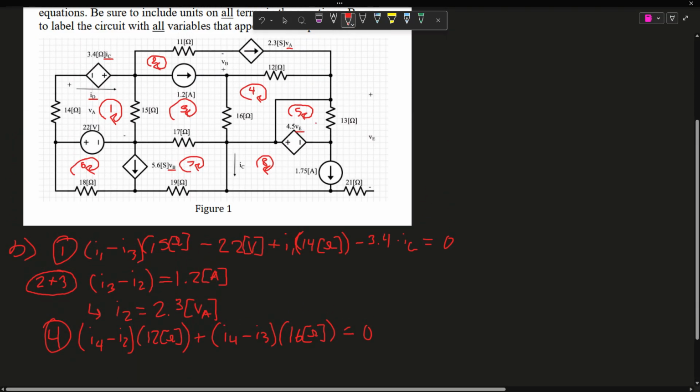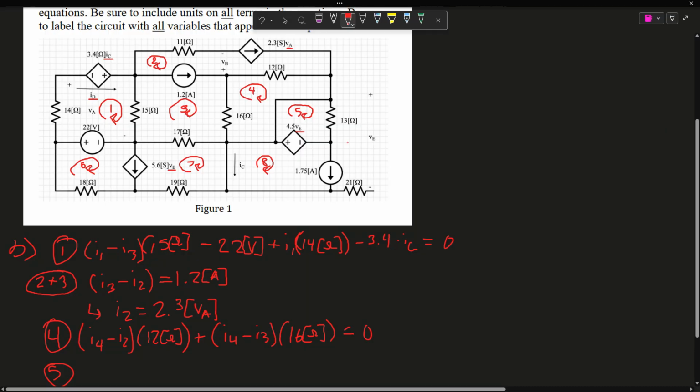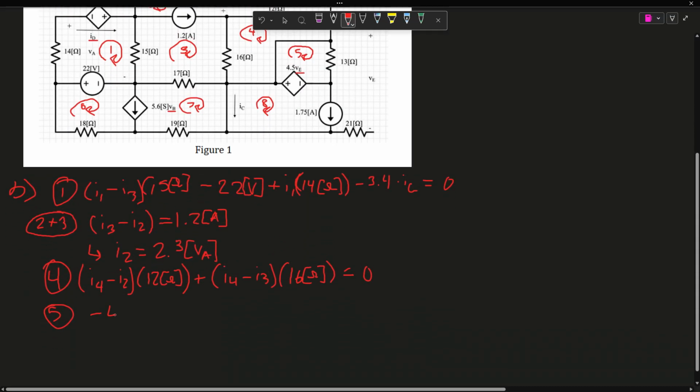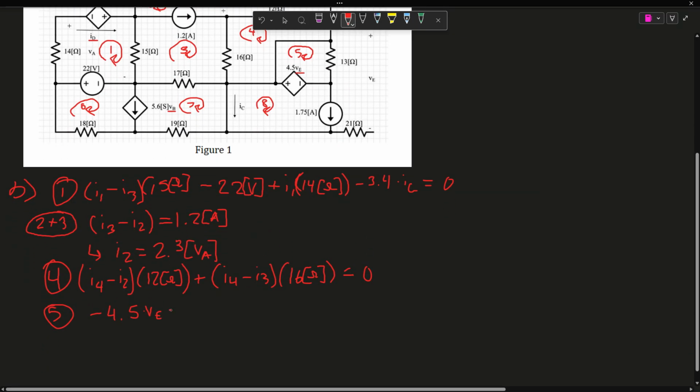Now we go into the next loop right here, 5. So we have minus 4.5 VE, and then just plus I5 times 13 ohm is equal to 0.